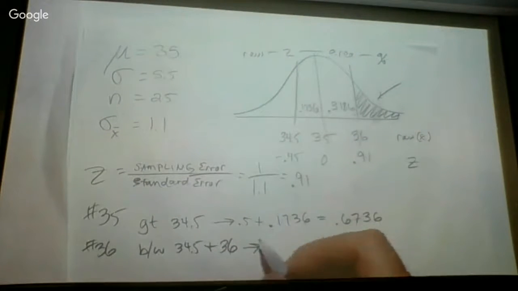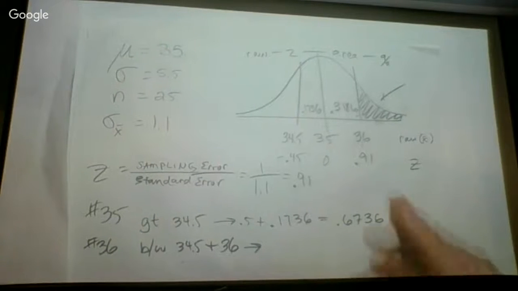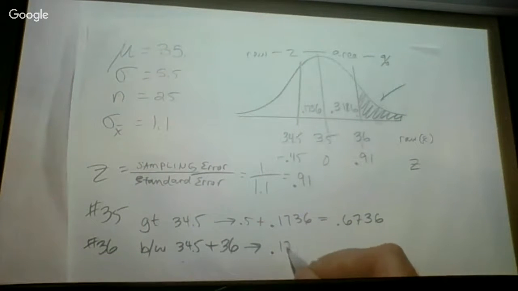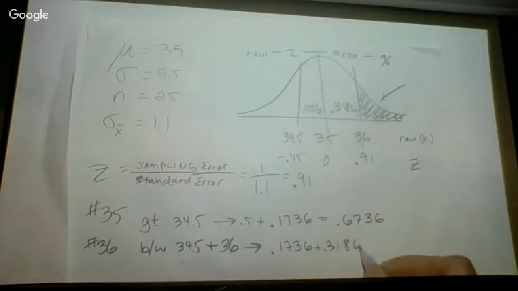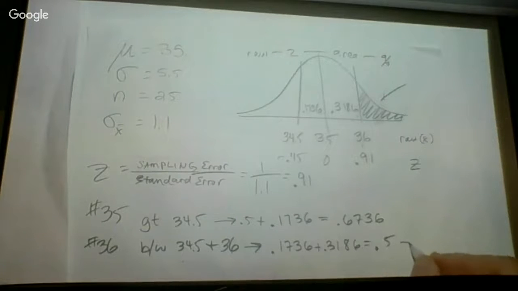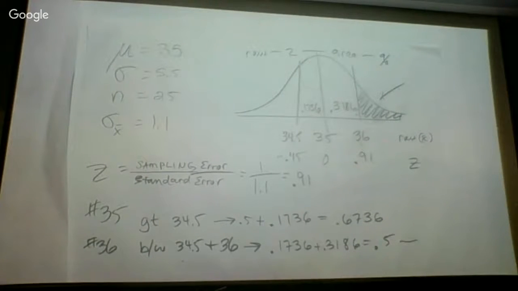Between 34.5 and 36, 1736, 3186. I think that's like 0.5 and change, right around 0.5. Maybe just a bit under.